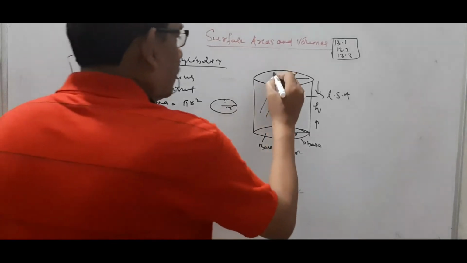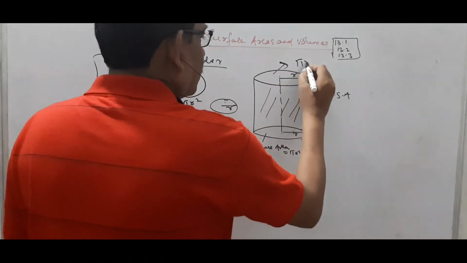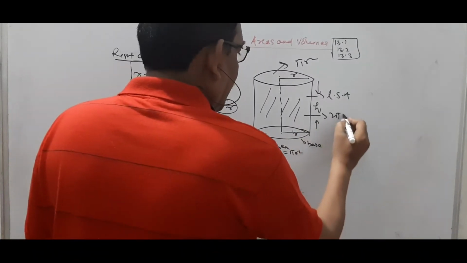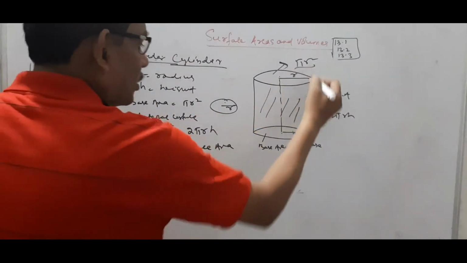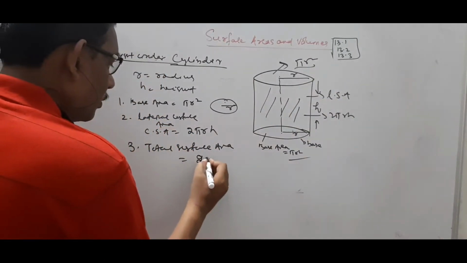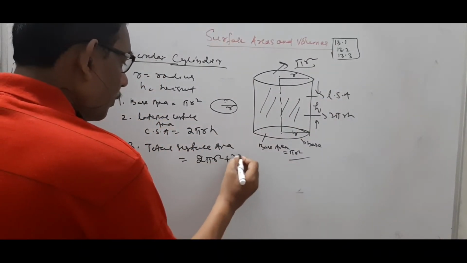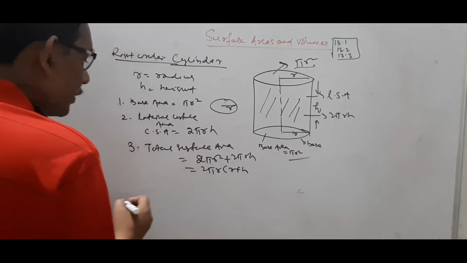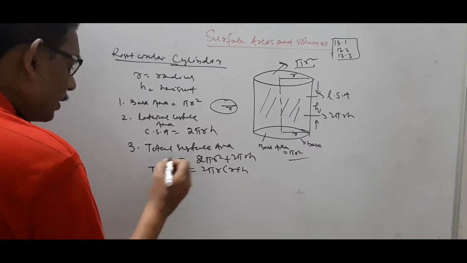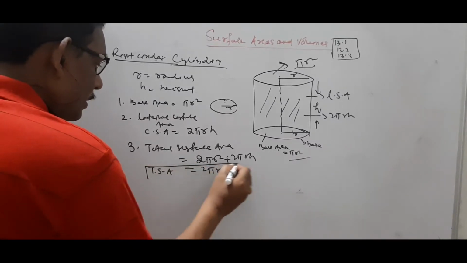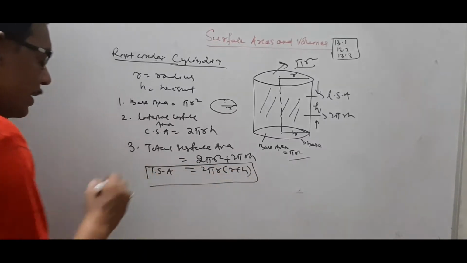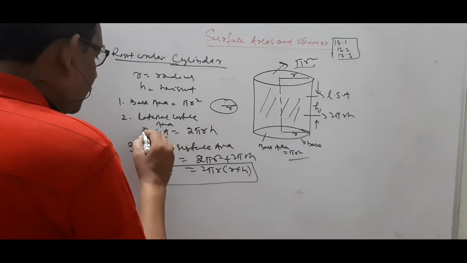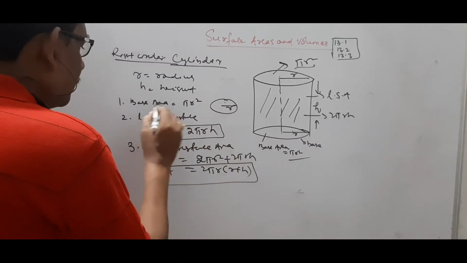You have to count the top face, that is pi r square. The bottom is also pi r square. Then it is your 2 pi r h. So 2 pi r square plus 2 pi r h. Taking 2 pi r common, that is r plus h. So this is simply TSA, a shortcut. TSA means total surface area. CSA means curved surface area. So you have to remember all the formulas.